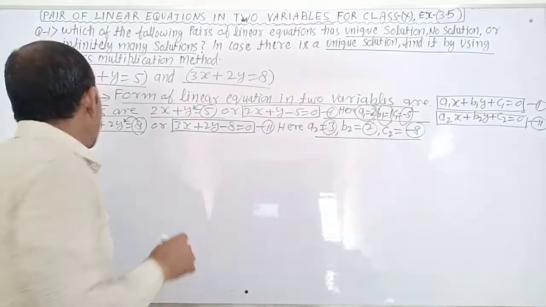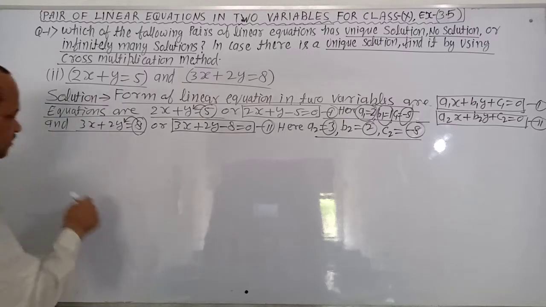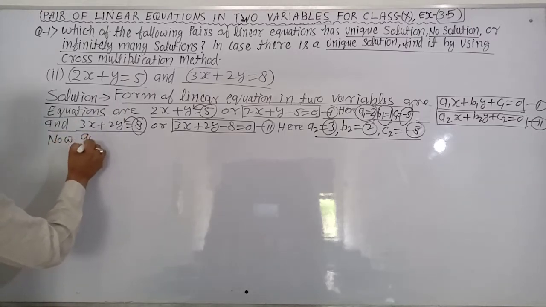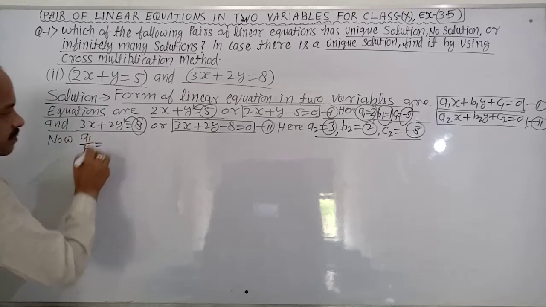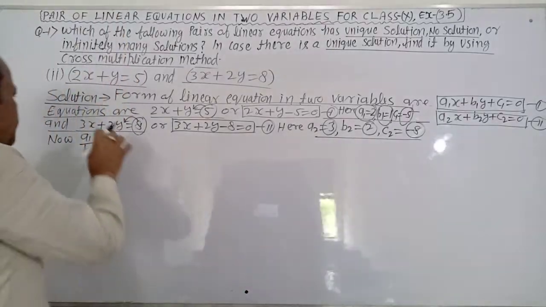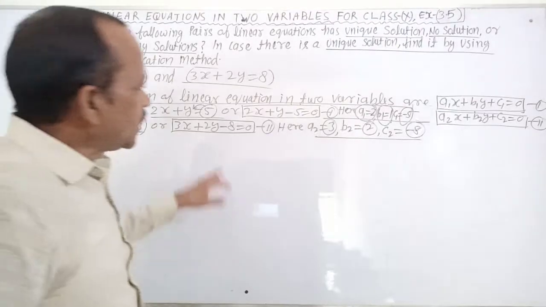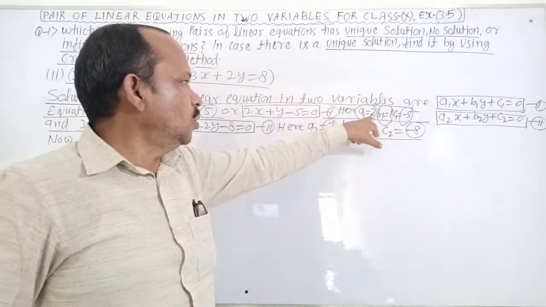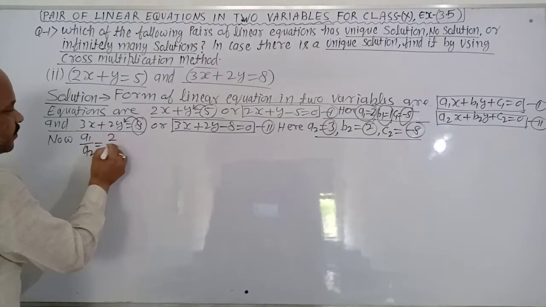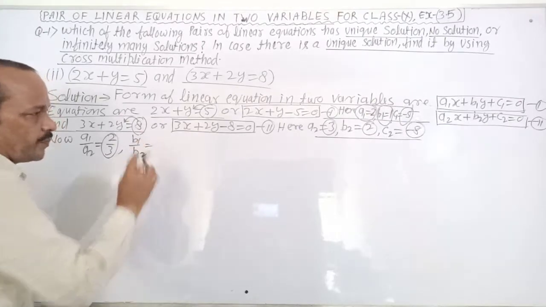Very good. Now by comparing, now a1 by b1, a1 by a2. Here you can write a1 by a2 equal to a1 2, a2 3, 2 by 3. b1 by b2.